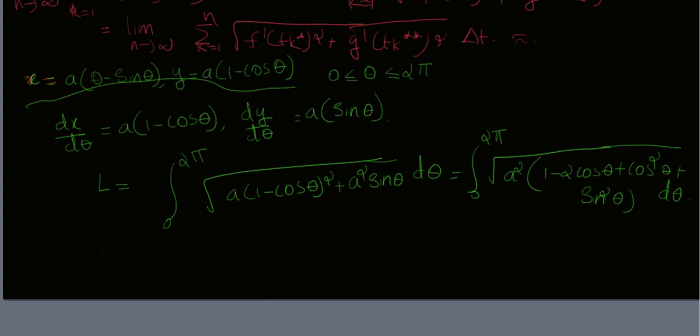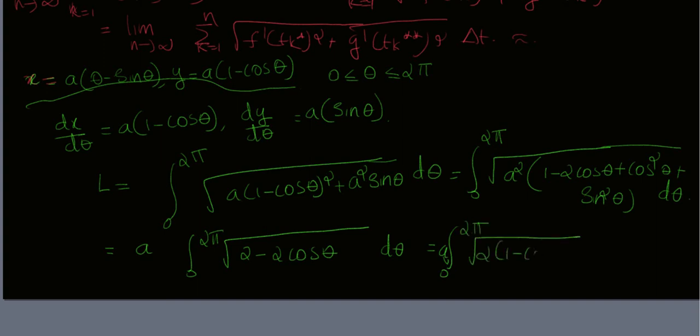Taking a square outside, that is 0 to 2 pi square root of 1 minus 2 cos theta, actually cos square plus sine square is 1. So this is 2 minus 2 cos theta into d theta. That's equal to a into the integral 0 to 2 pi of the square root of 2 into 1 minus cos theta into d theta.